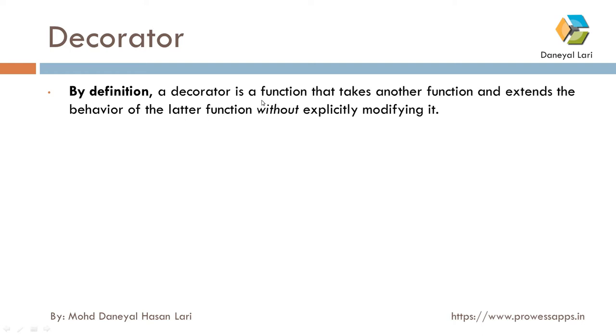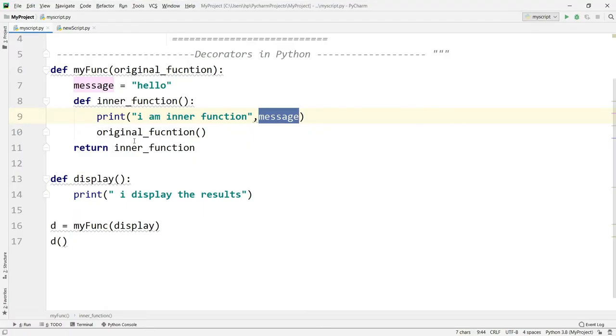A decorator is a function that takes another function, meaning we pass the function as an argument, and extends the behavior of the latter function without explicitly modifying it. So what is meant by this? For example, I'm writing decorate and here writing func.